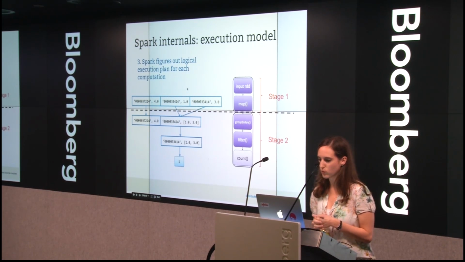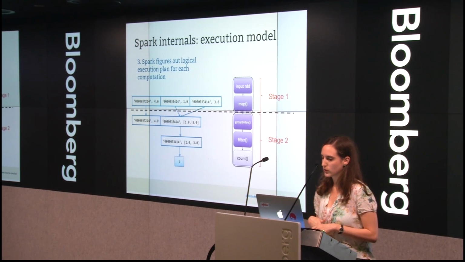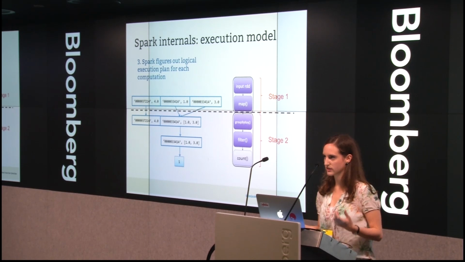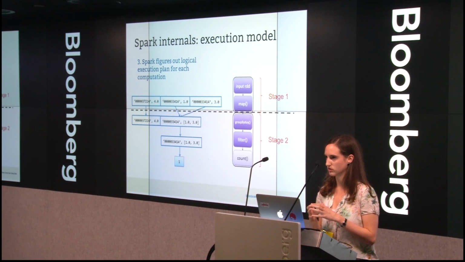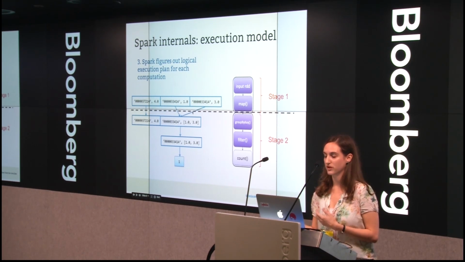Spark figures out what is the best way to execute these operations. So in order not to have to iterate over the data multiple times unnecessarily, it will try to, for example, take 2 different map functions and fuse them into one single operation, okay? So it will try to fuse operations as much as possible. But you can only fuse so much, right?